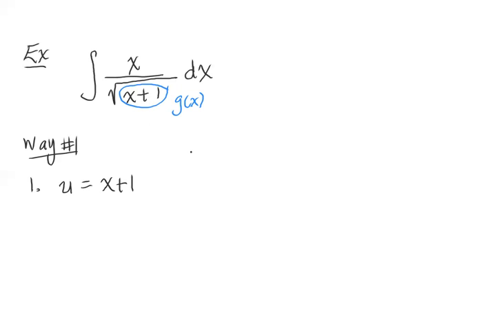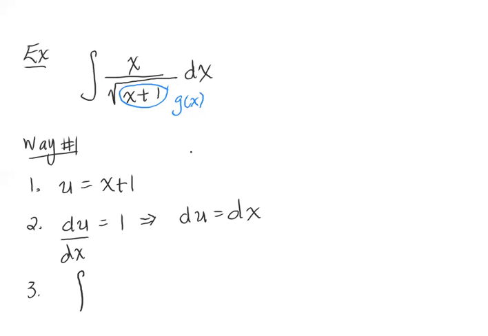Okay. Now let's find du. Du is equal to, well, du dx is equal to 1, which means that du is just equal to dx. So let's do some substitution here.